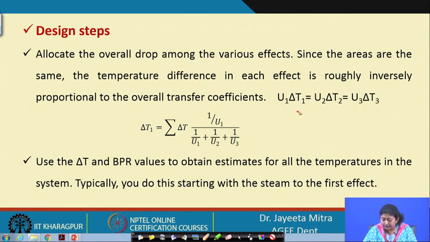Okay. So, what we can write is Ts minus T1, because Q is equal to U A delta T. Here we can write that Q is equal to U1, that is in the first effect, into A1 into the temperature difference in the first effect, Ts1 minus T1.